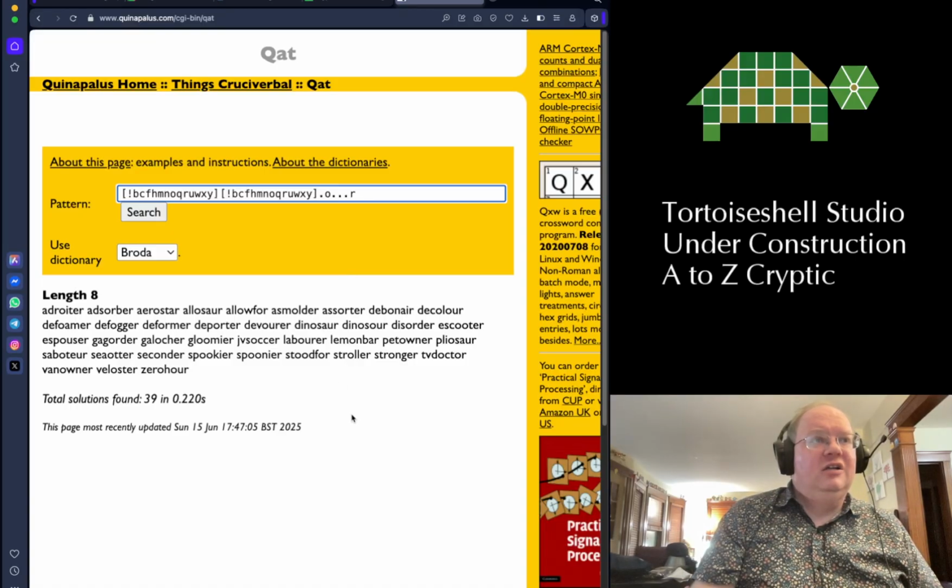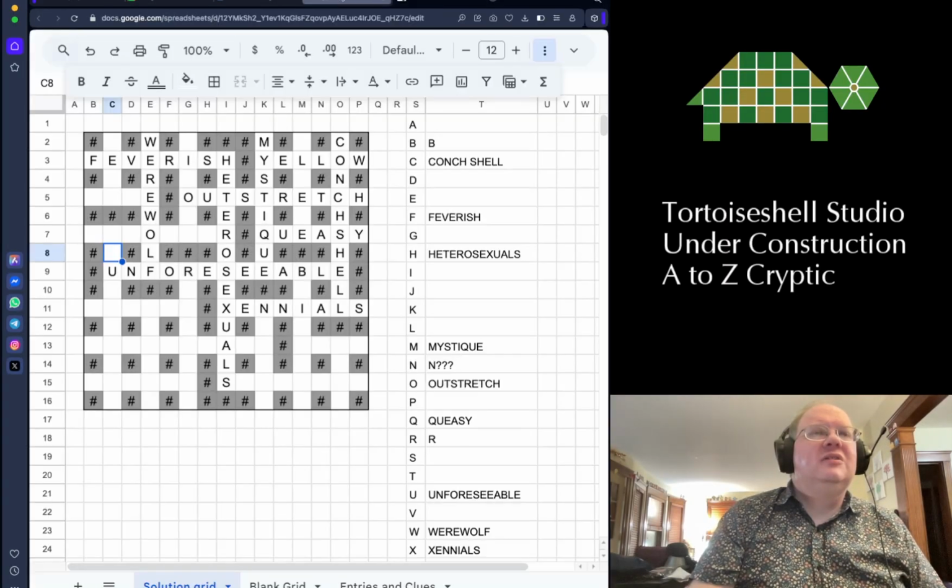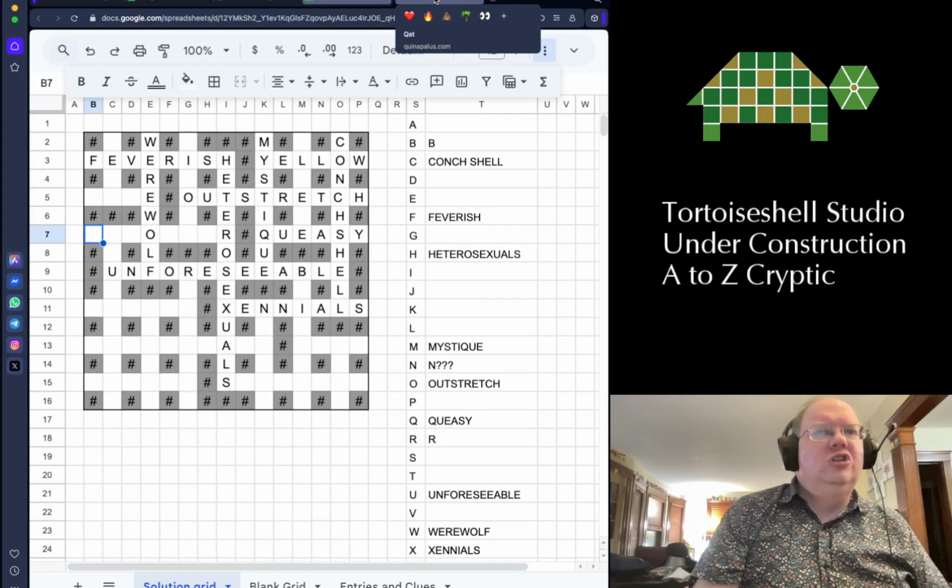Allosaur, debonair, dinosaur. I like debonair for the cluing opportunities.